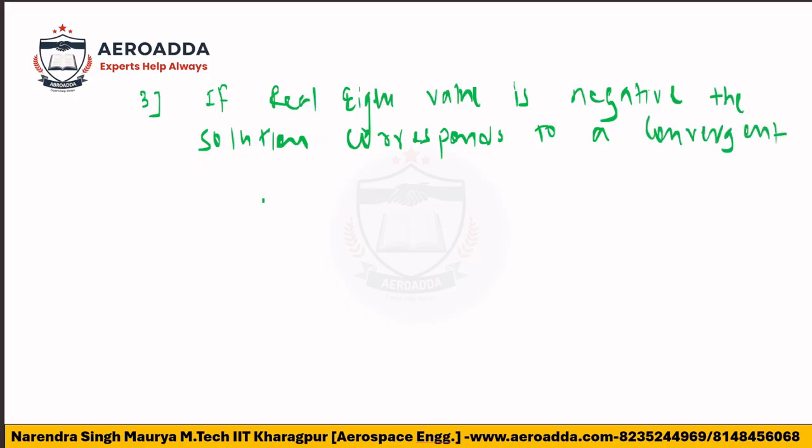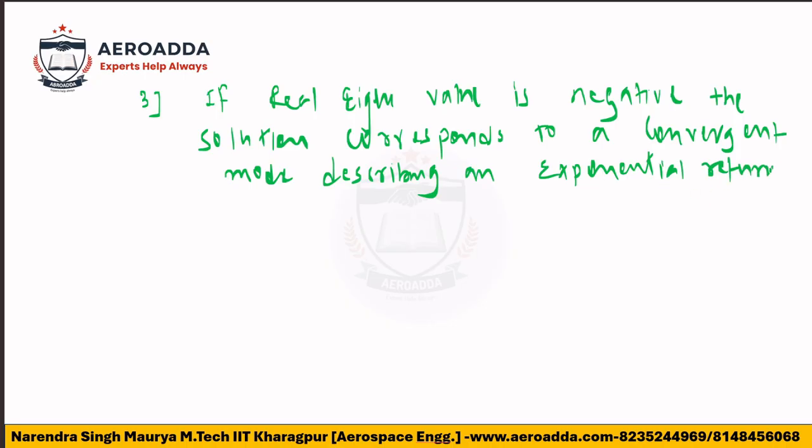Hope you remember the convergent mode from last class, describing an exponential return to equilibrium after disturbance.